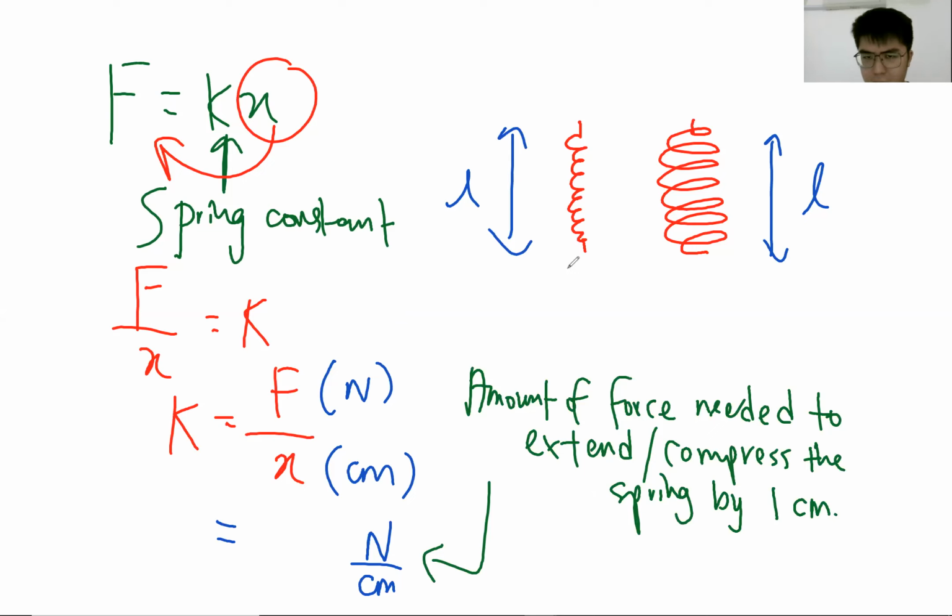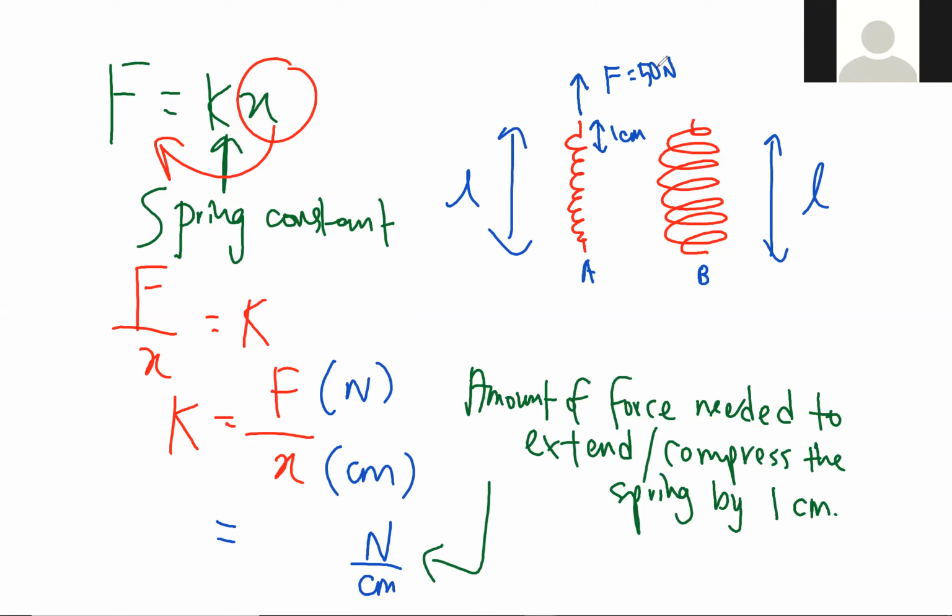If you compare these two springs, let's say I apply a force to pull each by 1 cm. Let's label the first spring A and the second spring B. If I pull spring A by 1 cm, let's say it takes maybe only 50 newtons. Now, if I pull the car absorber spring by 1 cm, what is the force needed? Is it bigger or smaller than for spring A? Of course it is bigger, because it's stiffer, it's harder.